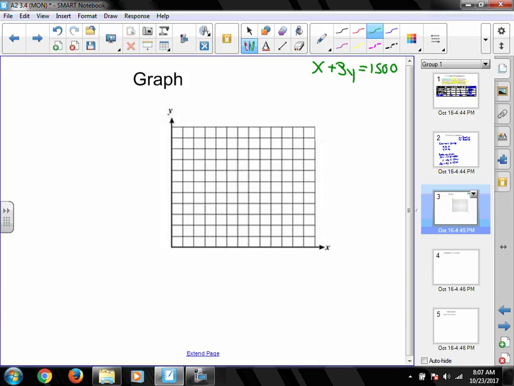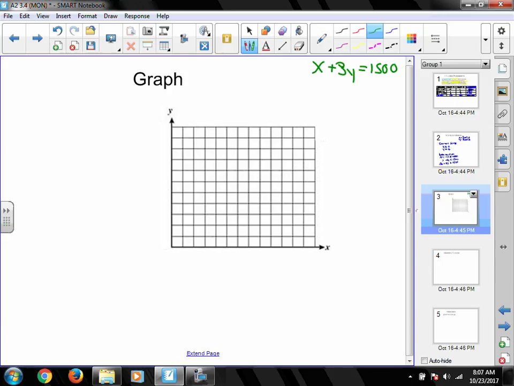Remember, just for the sake of graphing our lines, we can use the equal sign, then come back and use our inequality to figure out where we need to shade.